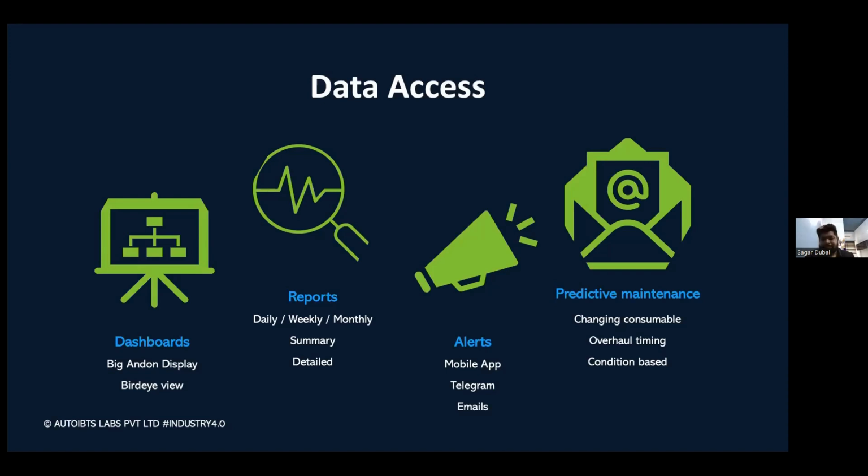Then there are reports. Reports will cover your power consumption, your efficiency, the losses in daily, weekly, and monthly format. If there's some person who wants to see a very detailed version, we can also give a very detailed hourly report. What is the actual imbalance? Which cost center is giving you higher imbalance?